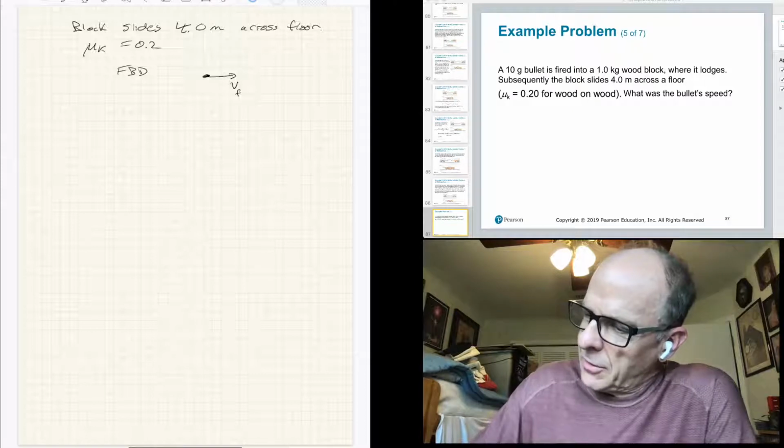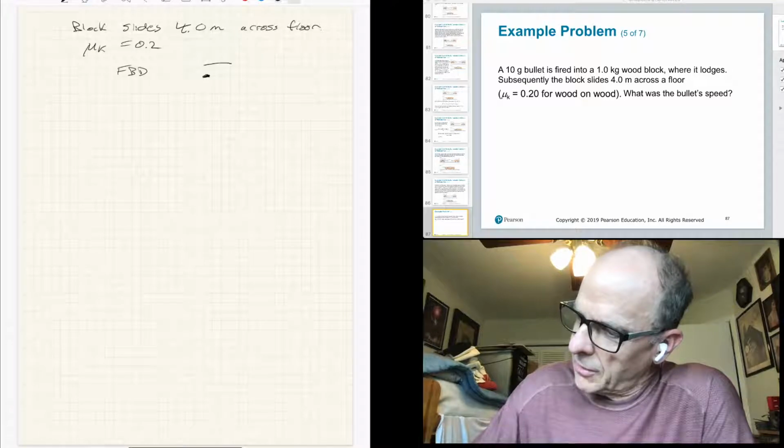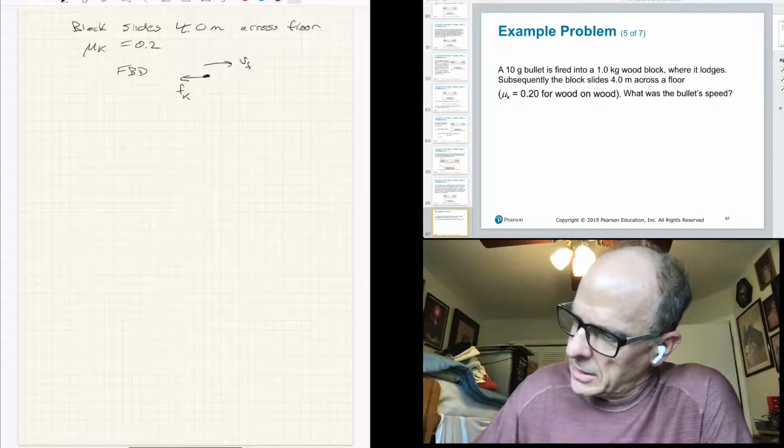There's friction on it. Oh, I shouldn't have drawn this that way. Its initial velocity, VF, is like that, but the forces acting on it are kinetic friction to the left, of course its weight down, and the normal force up.